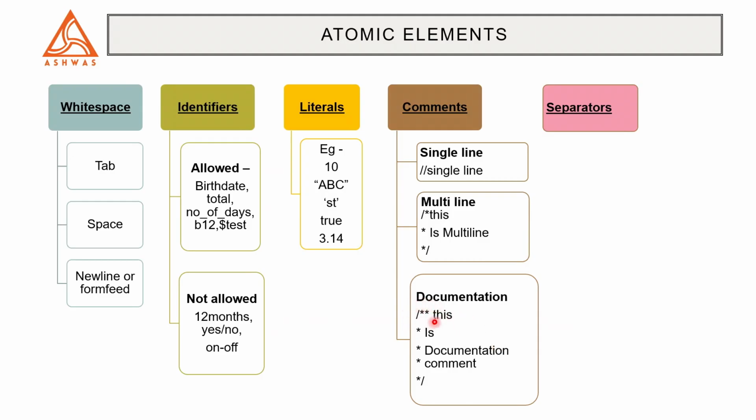Typically, the documentation comments are slightly different from the multi-line comment, wherein they have a forward slash and double asterisk in the first line, with the same notation used in the multi-line comment. And finally, it ends with an asterisk and a forward slash. So these are the three types of comments that are allowed in Java.